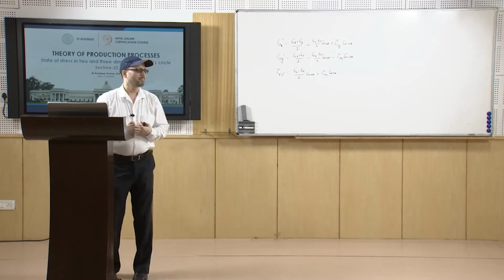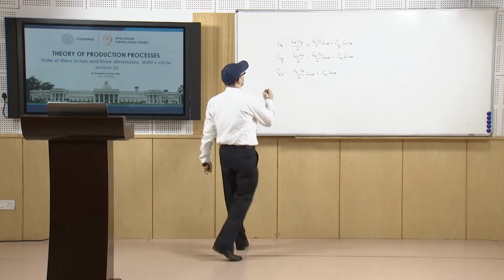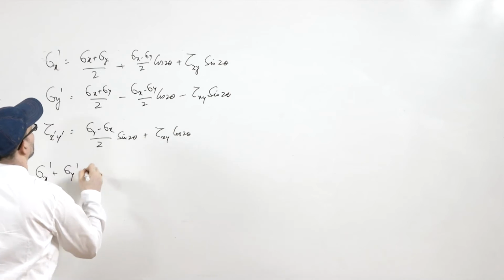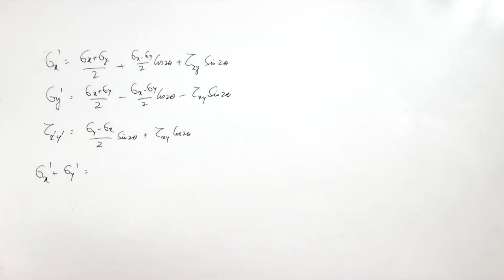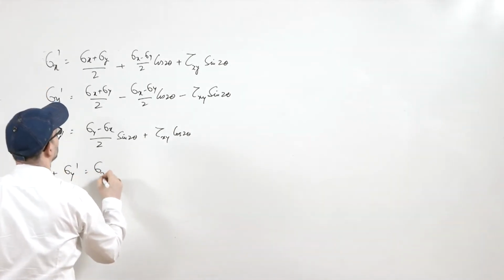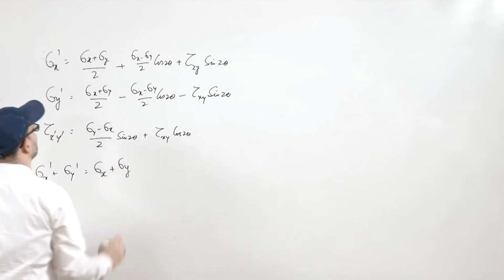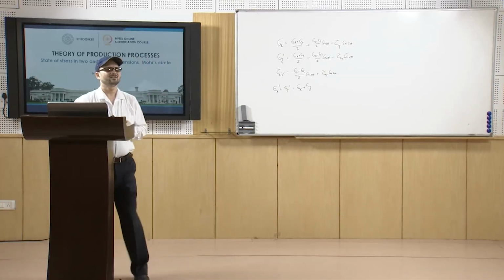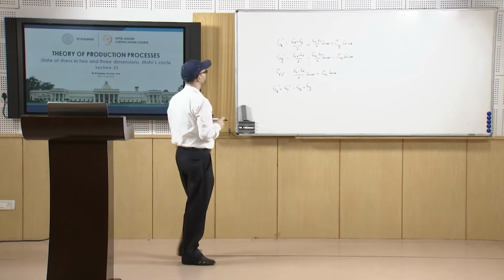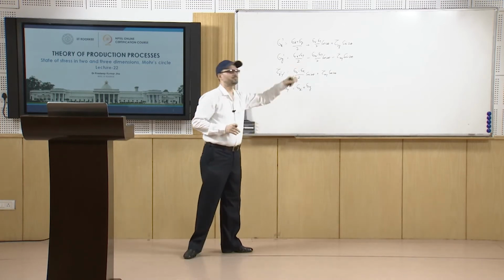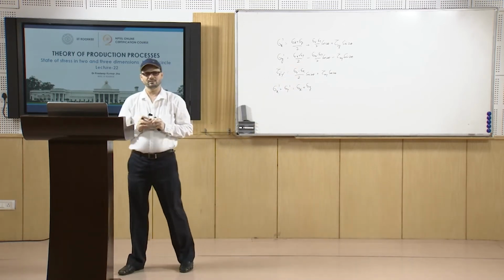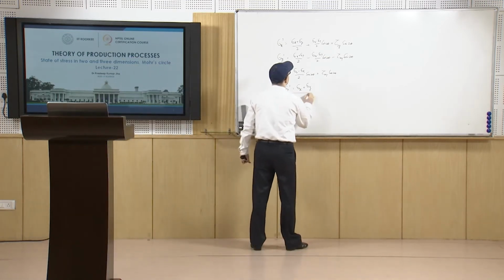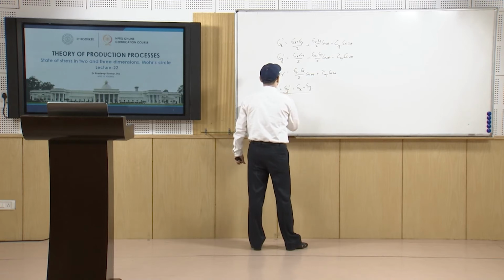Now, what is seen is that if you add sigma x prime plus sigma y prime, it comes out to be sigma x plus sigma y. So, the summation of these normal stress components does not depend upon the orientation angle. That is why this quantity is known as an invariant quantity.